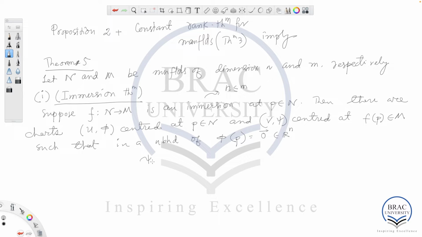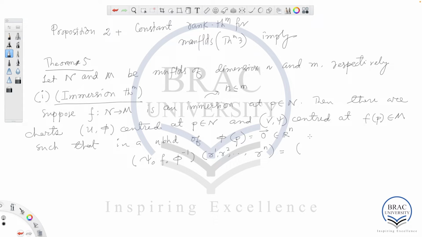one has psi composed with f composed with phi inverse at R1, R2 all the way up to Rn is equal to, so on the right hand side I should have an m-tuple, right?